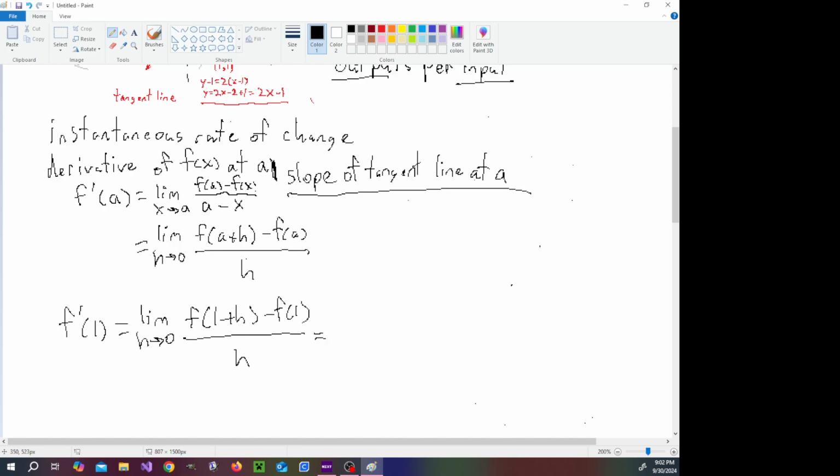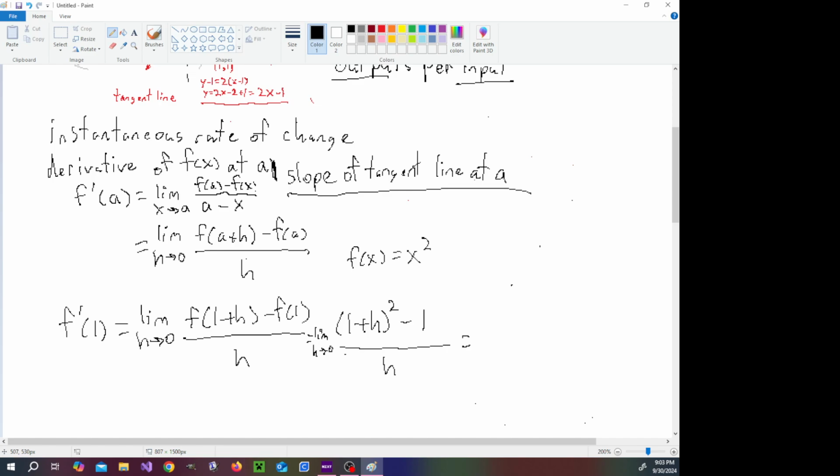Well, our function was f of x is x squared. So we're plugging 1 plus h into x squared, and then subtracting what we get when we plug in 1 into x squared. Well, 1 times 1 is 1, so that's just going to be 1. This is over h. And I forgot to write the limit out front. Let me squeeze it in there. Limit as h goes to 0.